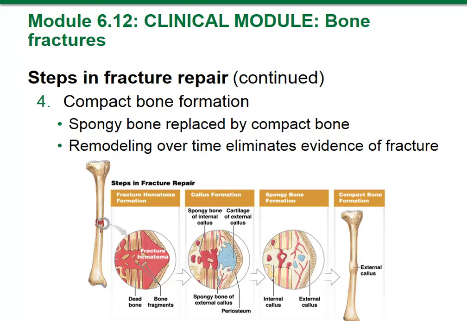And then finally, compact bone formation. Spongy bone gets replaced by compact bone, and you get remodeling over time that will get rid of a lot of evidence of the fracture. Not always totally.